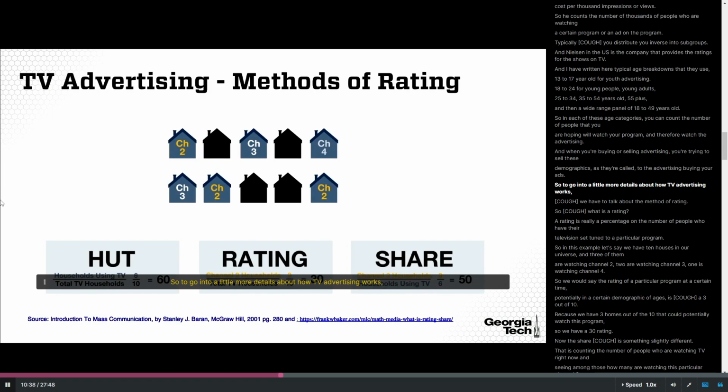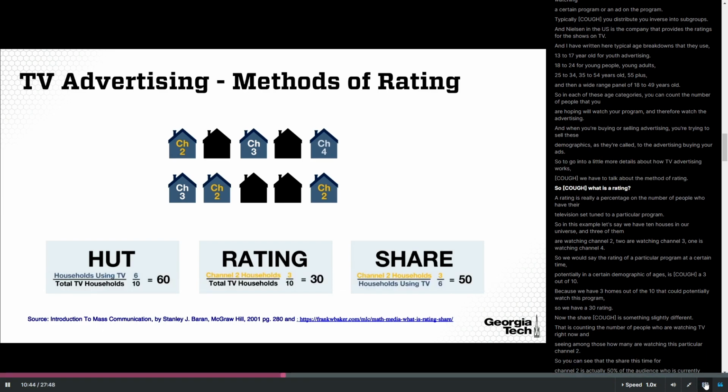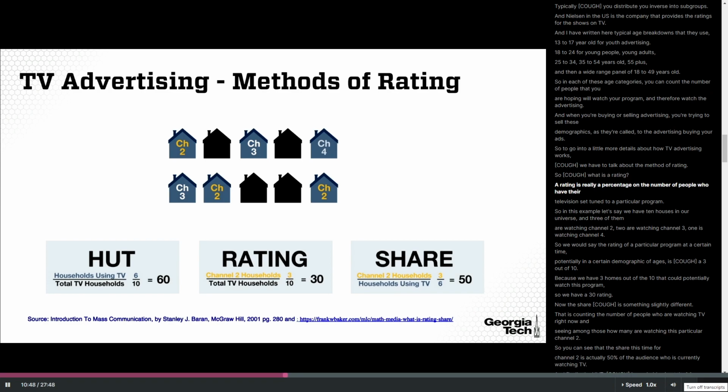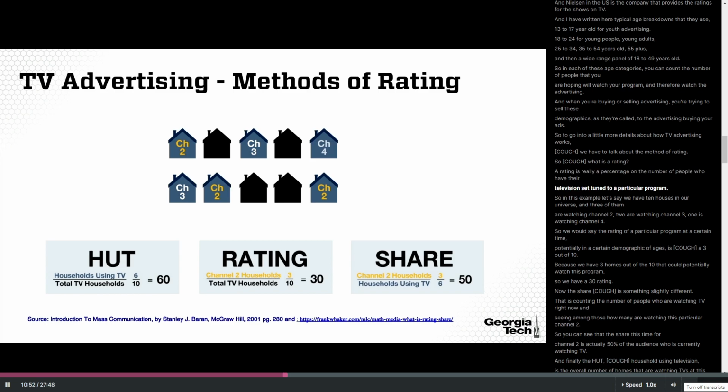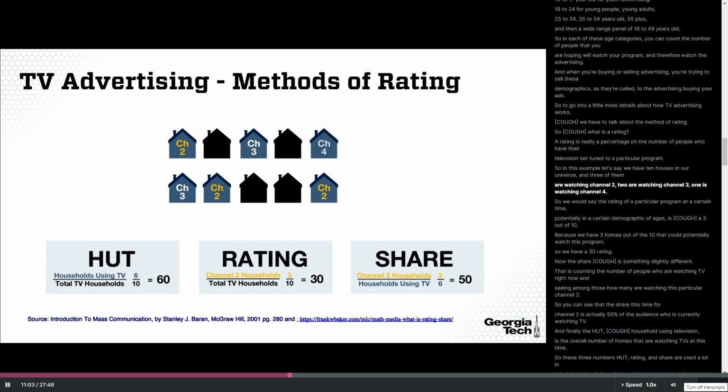So to go into a little more detail about how TV advertising works, we have to talk about the method of rating. So what is a rating? A rating is really a percentage of the number of people who have their television sets tuned to a particular program. So in this example, let's say we have 10 houses in our universe, and 3 of them are watching channel 2, 2 are watching channel 3, 1 is watching channel 4.